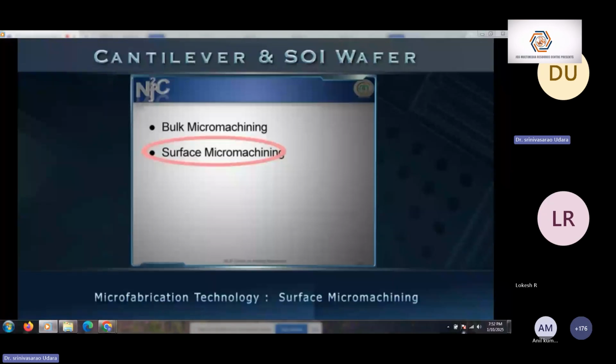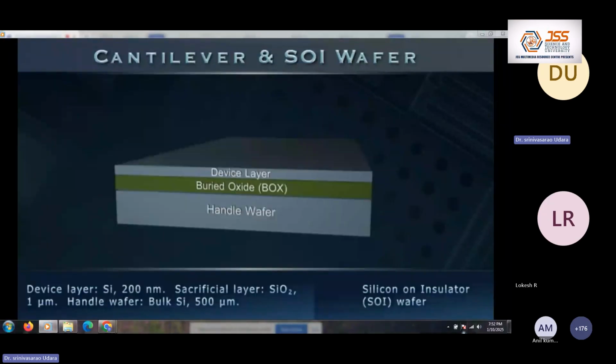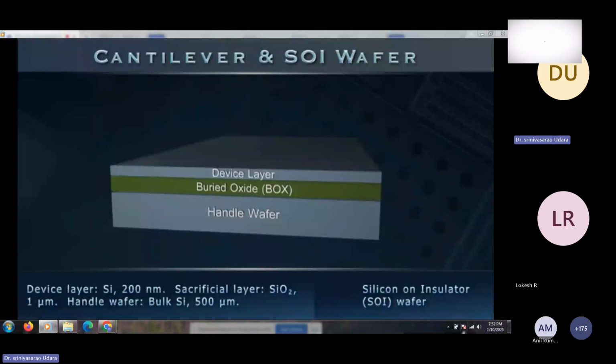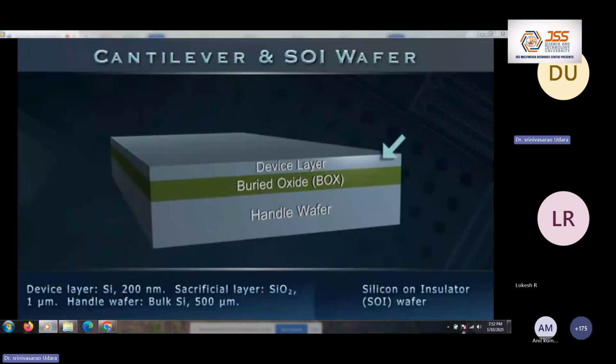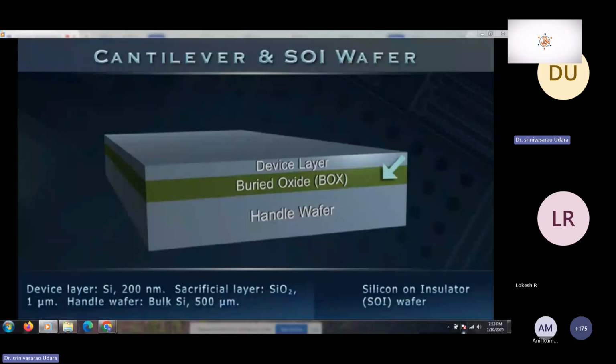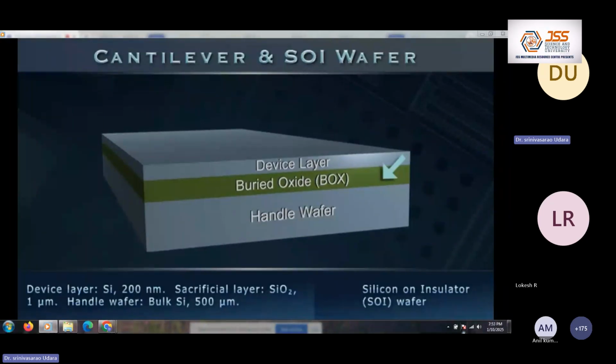This approach requires a silicon on insulator or SOI wafer, which is a 3-layer material stack composed of the following. On top, a mechanically active device layer made of prime quality silicon. Intermediately, a buried sacrificial layer of silicon dioxide or BOX.